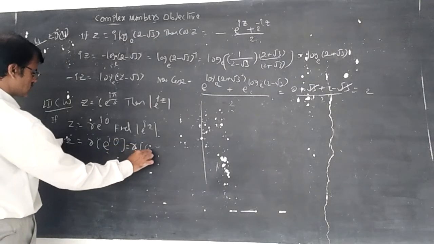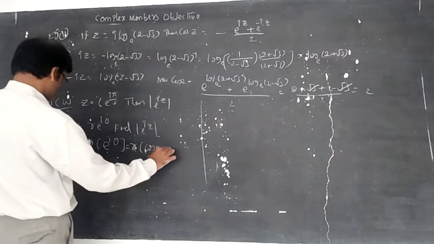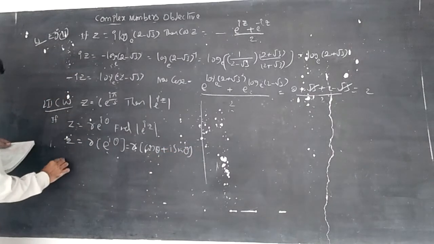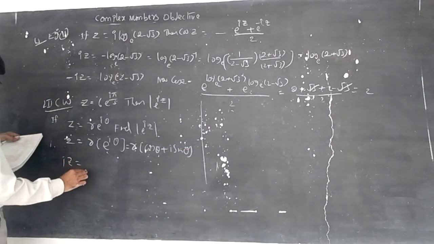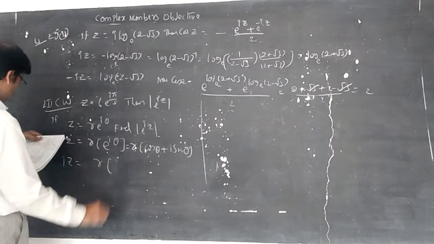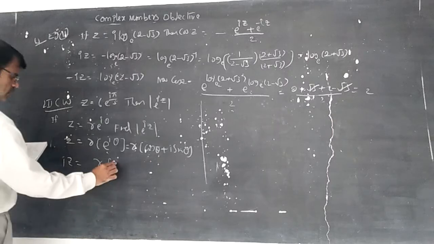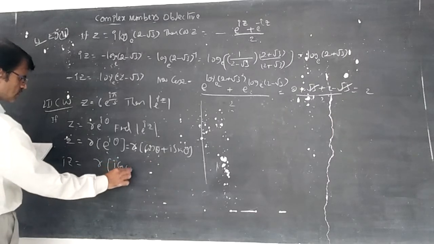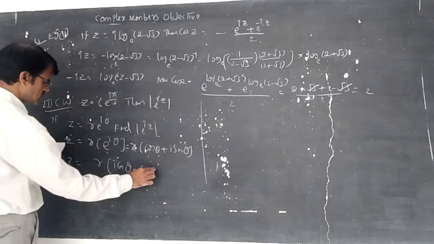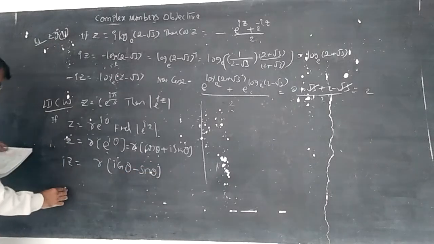So r into cos theta plus i sin theta. Now iz is equal to r into i cos theta plus i into i square, so it is minus sin theta.